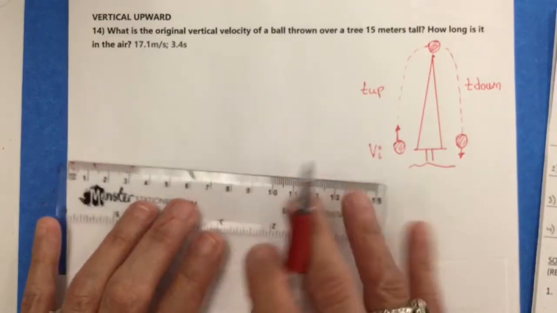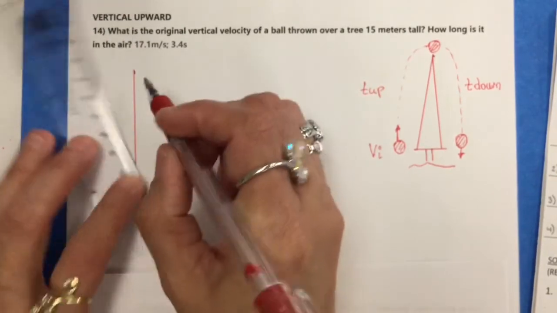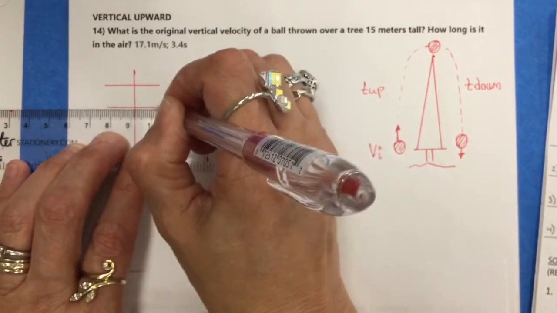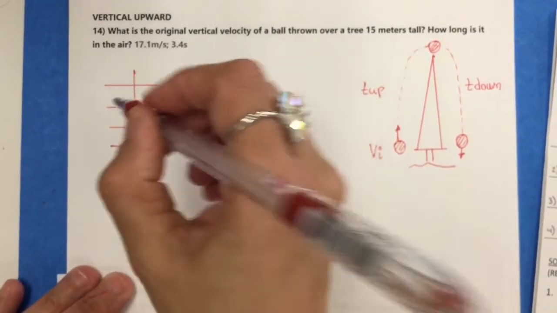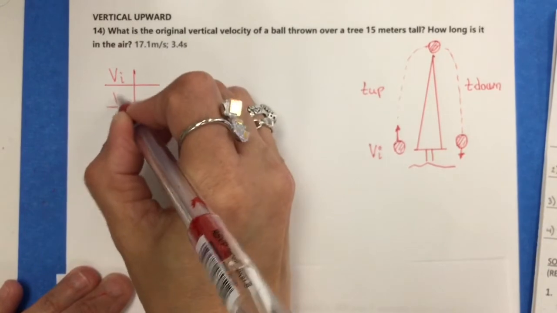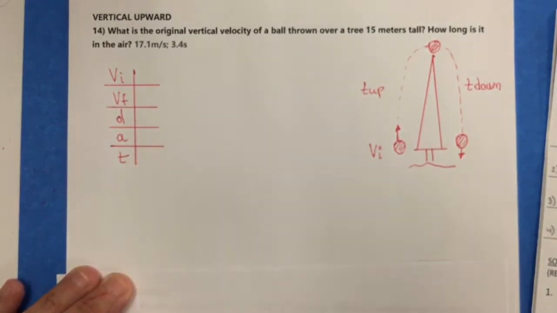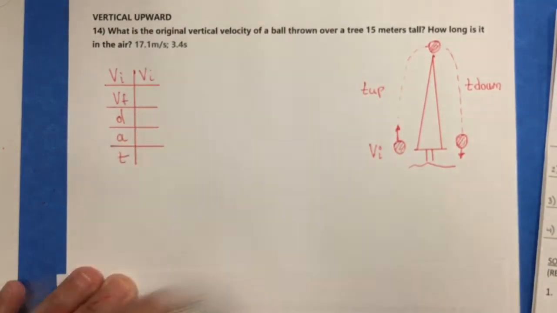And the way that we are going to do this is by drawing this table. So we have here VI, VF, D, A, T. Our initial velocity is what we are looking for.